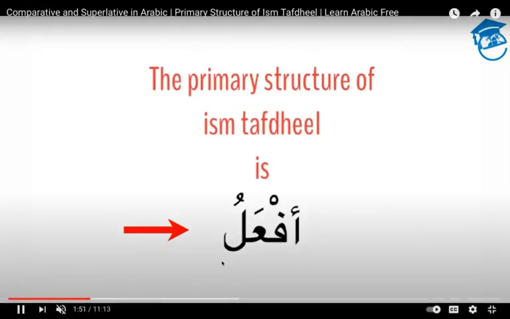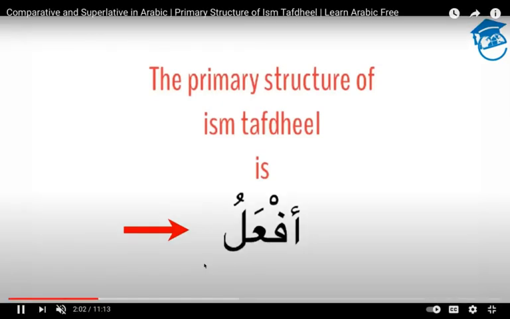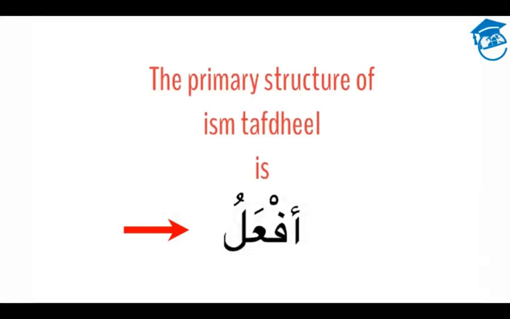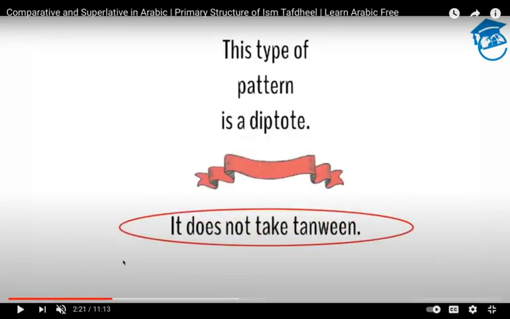Now let's try to see when we use the اسم التفضيل as a comparative adjective, and when we use it as a superlative adjective. First, the أفعل pattern is called a diptote.